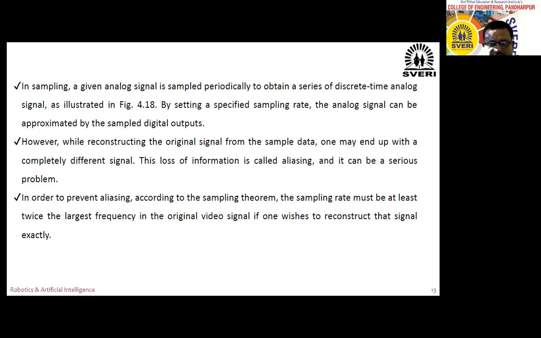This loss of information is called aliasing, and it can be a serious problem. In order to prevent aliasing, according to the sampling theorem, the sampling rate must be at least twice the largest frequency in the original video signal if one wishes to reconstruct that signal exactly.